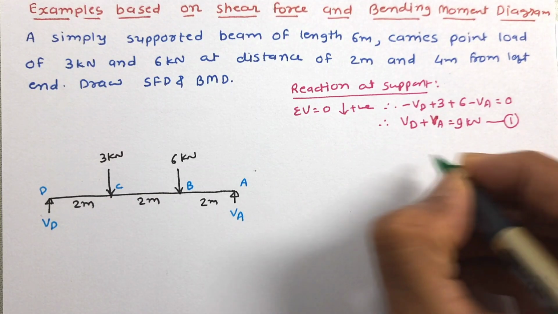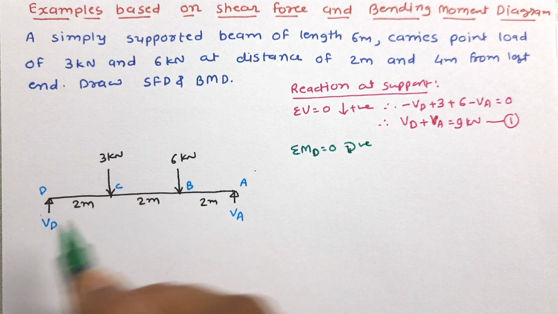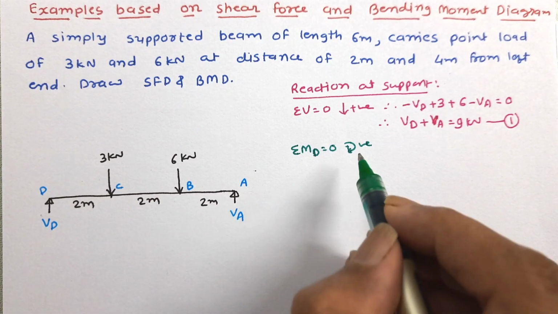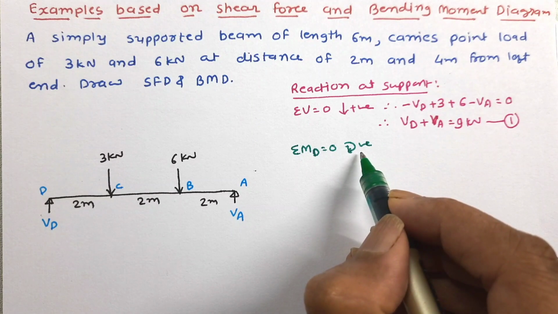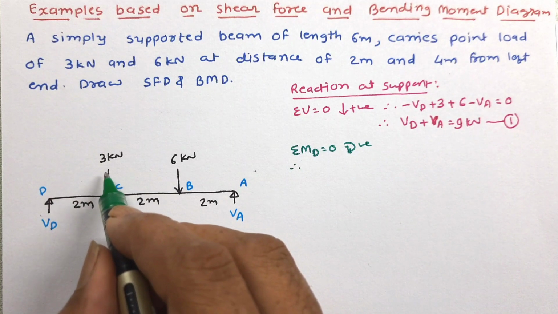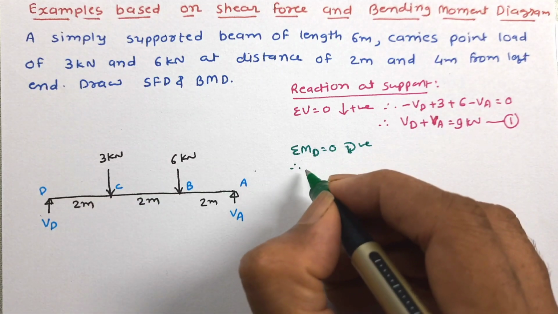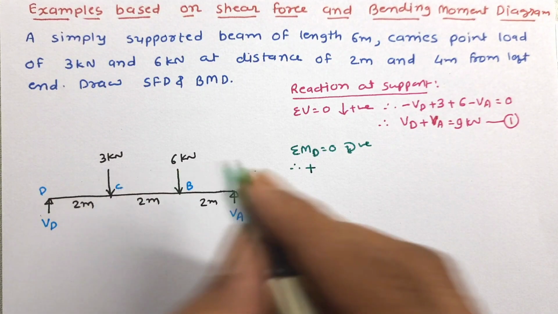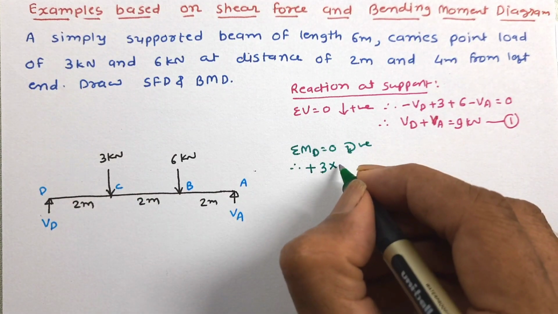Now let us apply second condition of equilibrium. Summation of moment about D point we will take 0 and the sign convention we will take, that is clockwise, positive. So we'll work out moment at this point. Moment due to 3 kilonewton, that is clockwise, so it will be positive. Force is 3 and distance is 2.